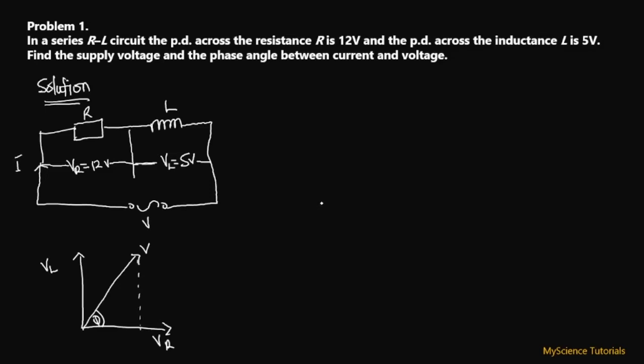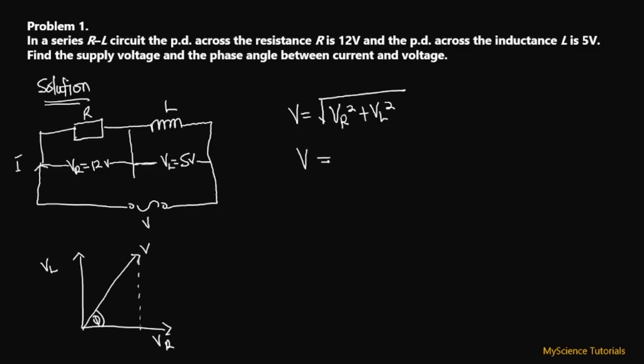So the first thing we want to do is to code the formula of how to find the applied voltage. To do that, we know V is equal to the square root of VR squared plus VL squared. Very easy, very straightforward.